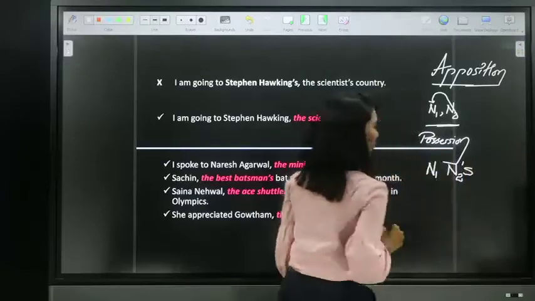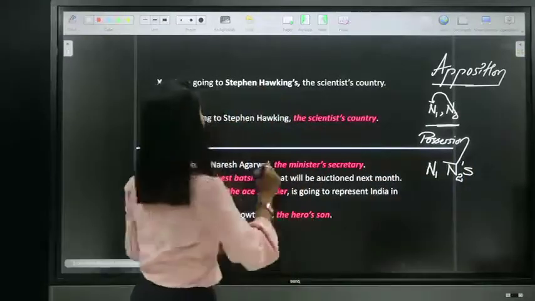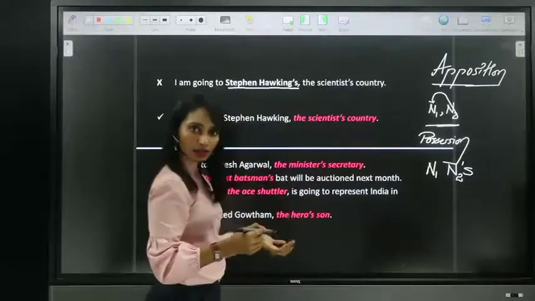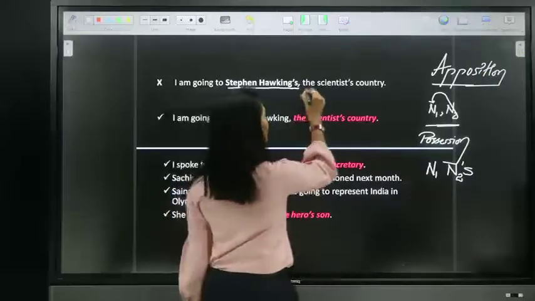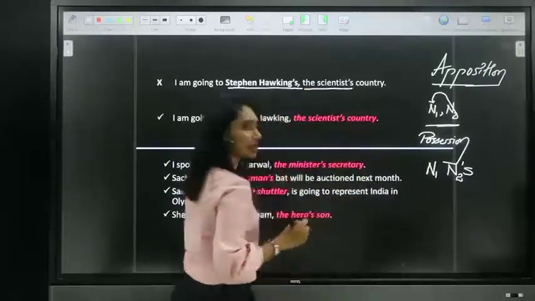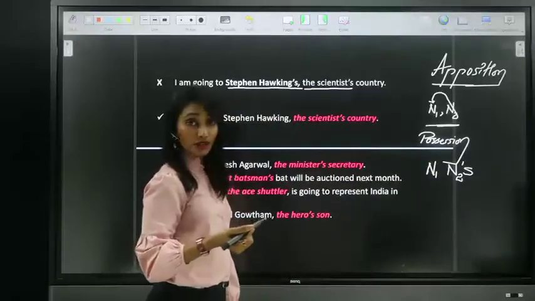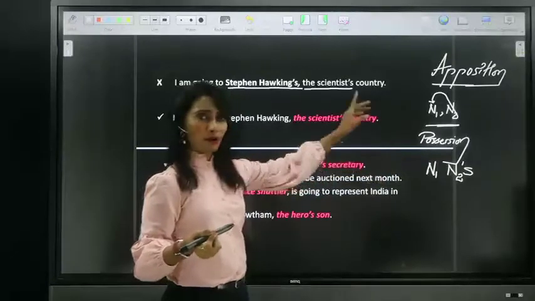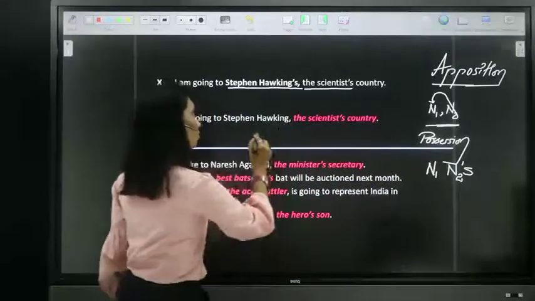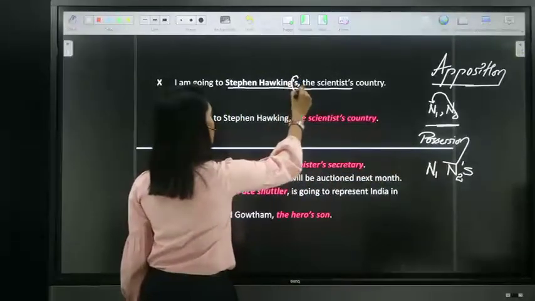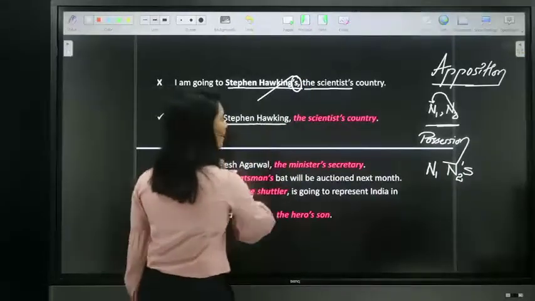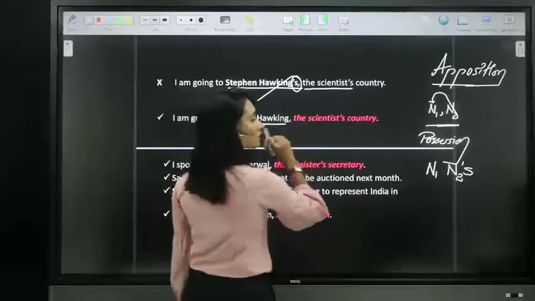So, in the given sentence, I'm going to Stephen Hawking's. First noun also was given possession. The scientist's, second noun also was given possession. But when we give possession, we have to give only for the second noun, not both nouns. So, remove this apostrophe s. I'm going to Stephen Hawking, the scientist's country.